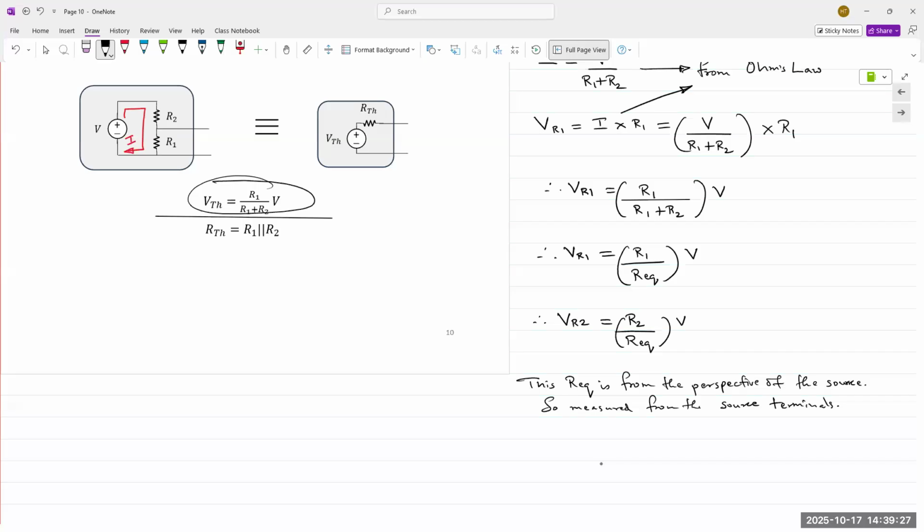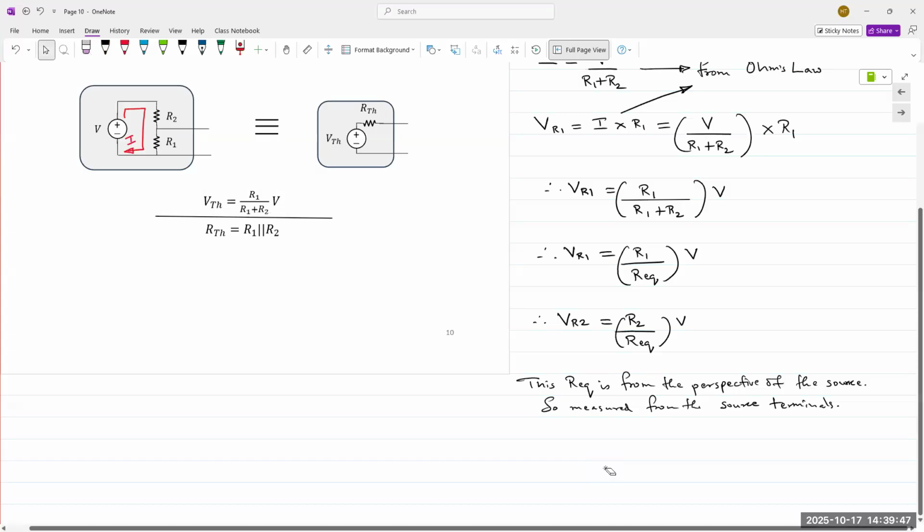This principle can apply to any series connection of resistors. Doesn't matter how many we have, whether it's 10 or 100 or 1,000 or a million, as long as they are all in series, this principle will still apply. It's a quick and easy way to find the voltages across any single individual resistor.